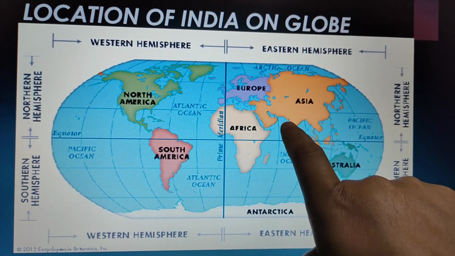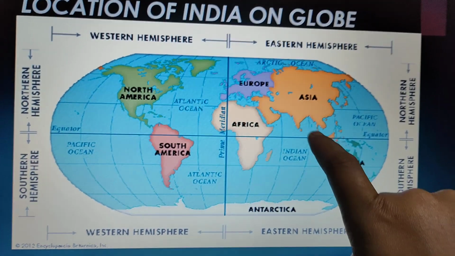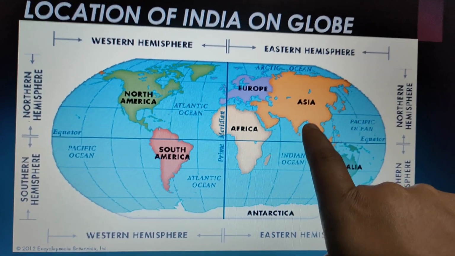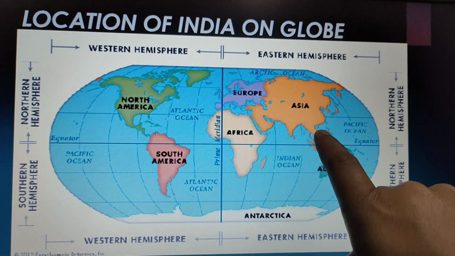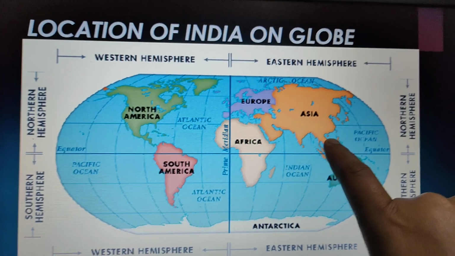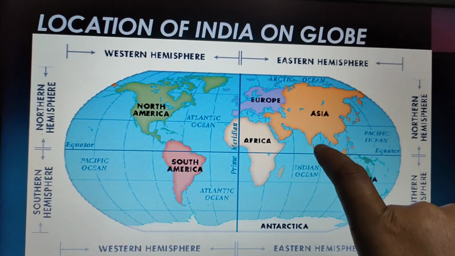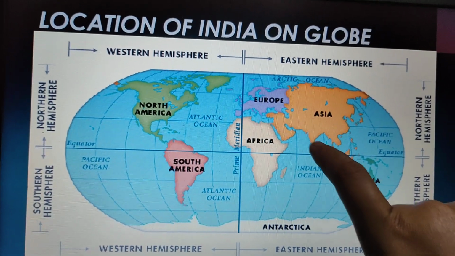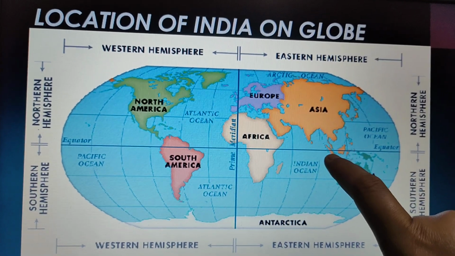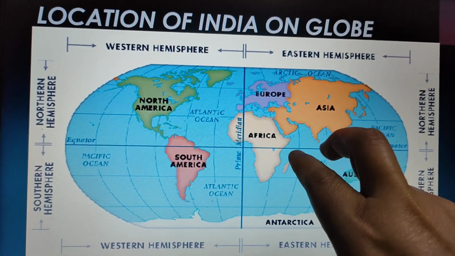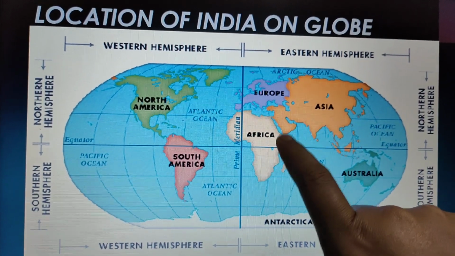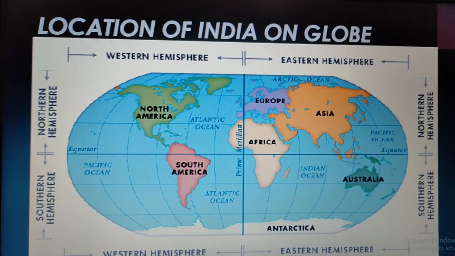So India is connected to Africa and the African continent. India is connected to other Eastern Asian countries through sea routes. It has established sea links for trade and other work. It gets connected to West Asia and East Asia through sea routes.